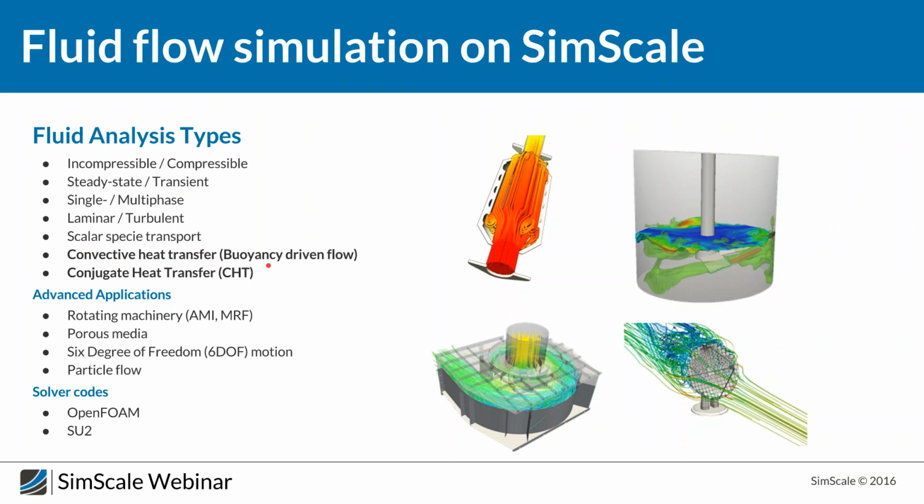One is convective heat transfer, which is buoyancy driven flow. The second one, which is a bit more complex, is where the heat comes from the fluid and goes to the solid, and how the solid is heated, which is done by conjugate heat transfer, in other words called CHT. Then in the advanced applications, you can do rotating machinery, AMI, MRF.